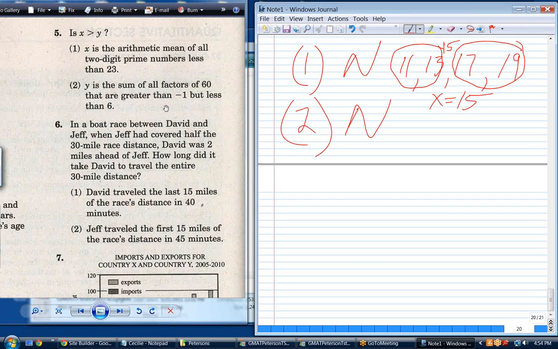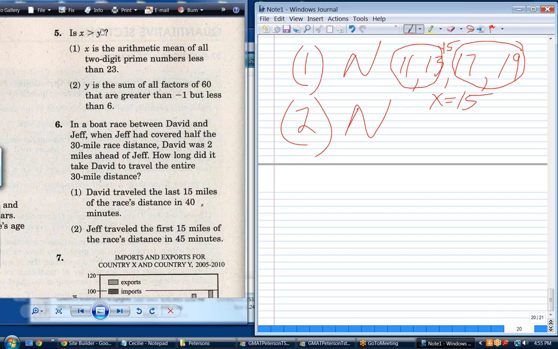But how can Y be 15? Well, I don't know. I haven't even bothered to look at the math. My first instinct was to say, this is going to come out to some number. As long as we know what X is and we know what this number is, then sure, we can answer the question, is X greater than Y? But then it occurred to me that if Y happens to come out to exactly 15, we cannot answer this.